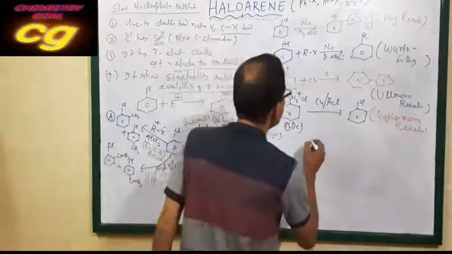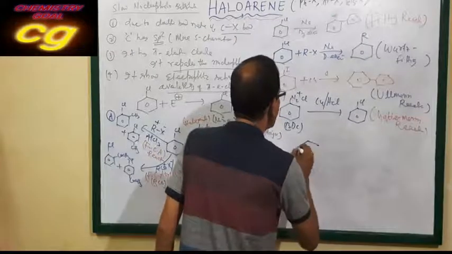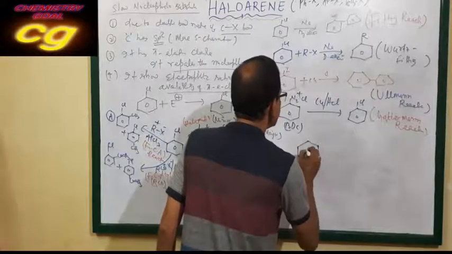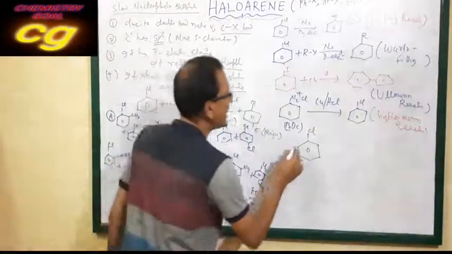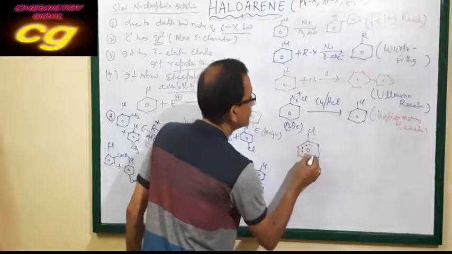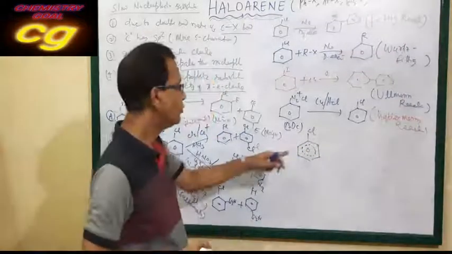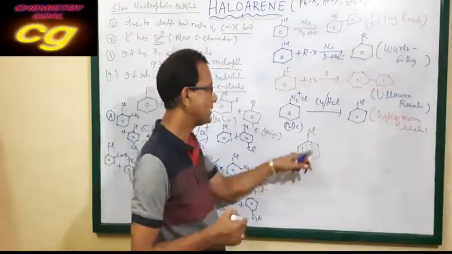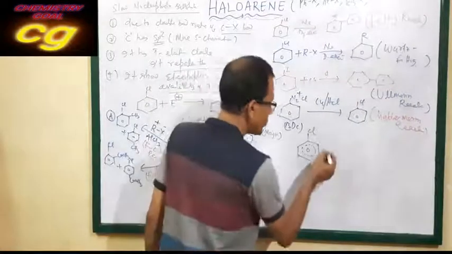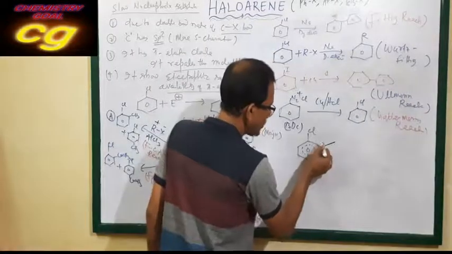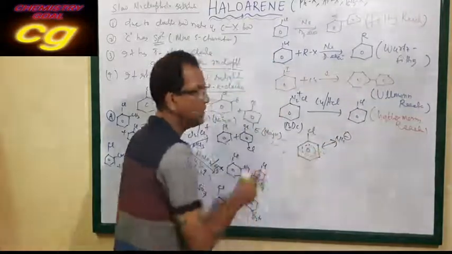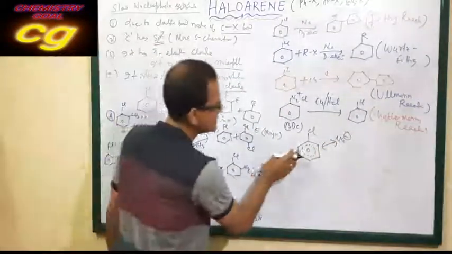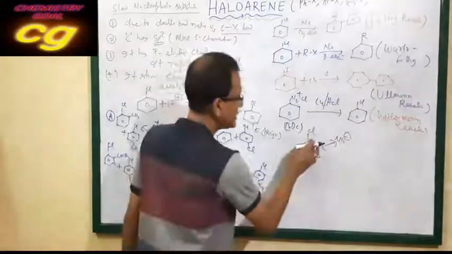Chlorobenzene has a pi electron cloud. So the nucleophile cannot attack. Nucleophile carries negative charge. When it comes closer, it is repelled by the benzene ring. So the reaction is very slow.